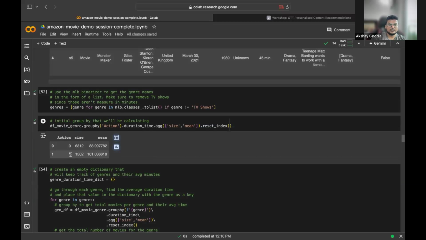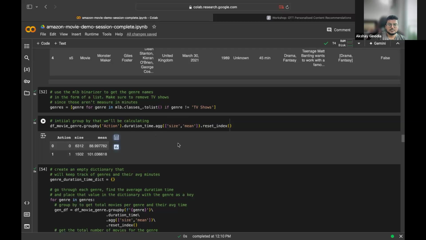So whenever there's a one, it means for that value present, which is action present, that means it's an action movie. What is the average duration time? So action movie, the average duration time is 101, and non-action movie is 88. So non-action movie is less in time on average. Size is the number of movies which are non-action, number of movies which are action, and this is something that we get by using an aggregate function.